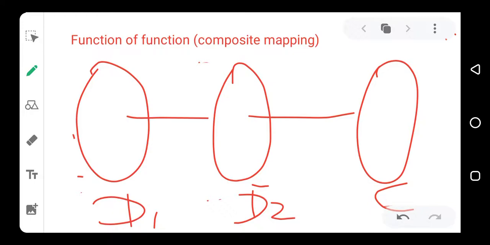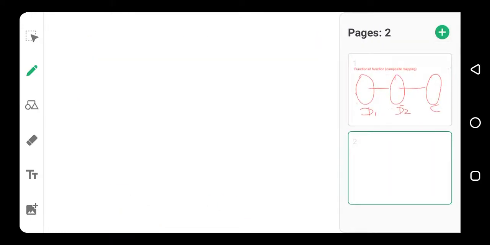Now let's look at problems that involve composite mapping. In composite mapping or function, we can be asked to find the function of, when you see something like FOG, it means that we have two functions. This is the first function and this is the second function.